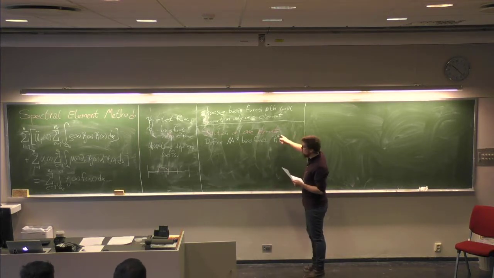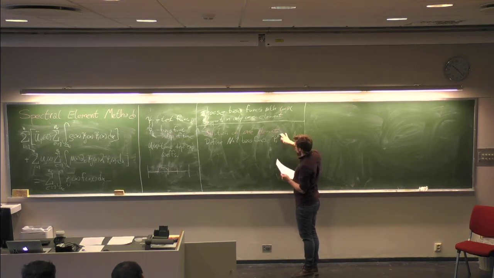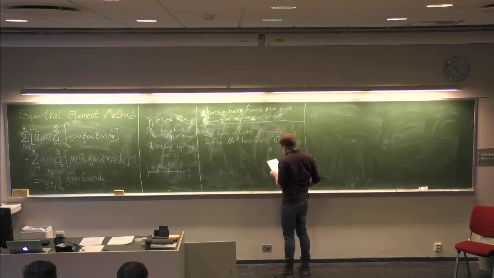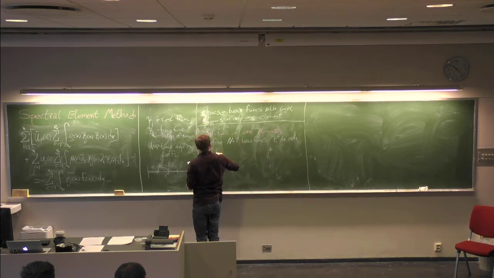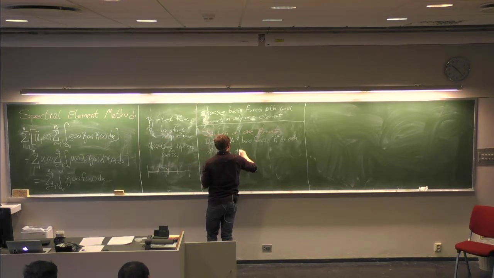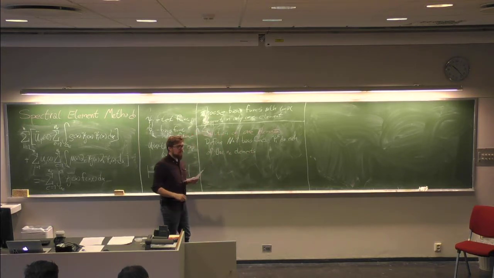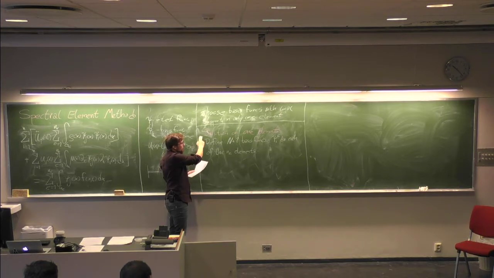This is just numbering. It's not to the power of, it's just a numbering. This is the basis function C number i, which has support on element E. And we have NE elements. We need a lot of these basis functions, but we're just going to focus on one. I say that we need to define N plus 1 on each of the elements.